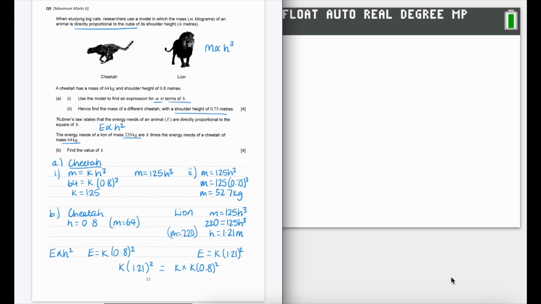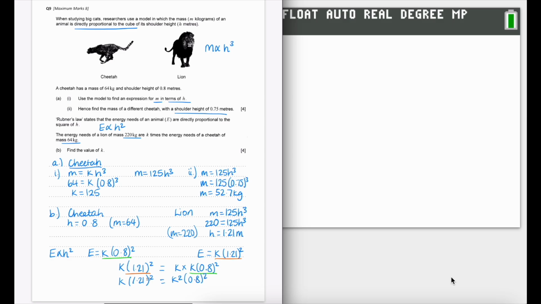All I've done here is take the cheetah and take the lion, and we know that the lion is equal to k lots of the cheetah. If I simplify that, I have k times 1.21 squared is equal to k squared times 0.8 squared.